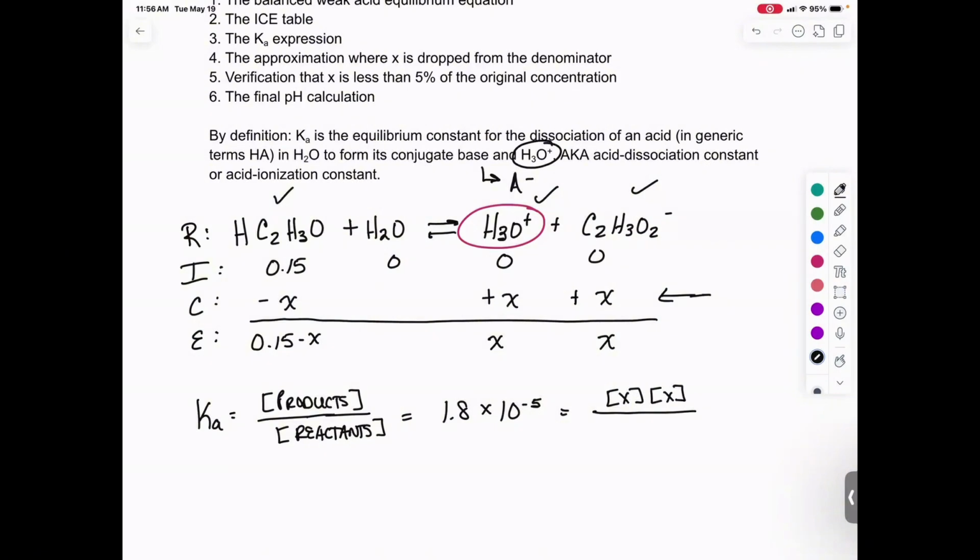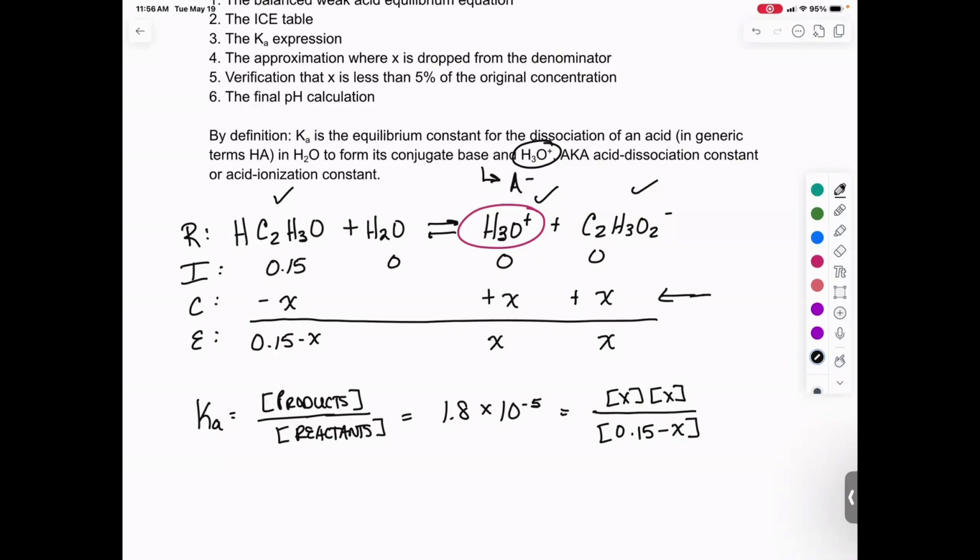And then we have concentration of our single reactant here, right? We have our acetic acid on the left. Now, when we get to, so we're ready to rock and roll. We're ready to do our math and figure out, okay, what is our X value? However, in most cases, we can do a little trick to sort of help the math move along here.